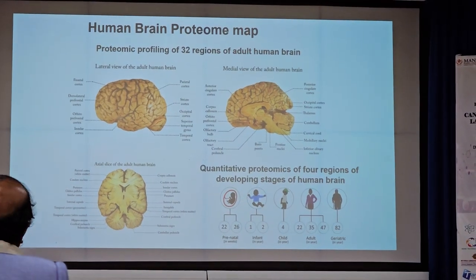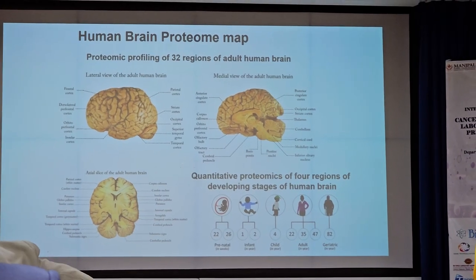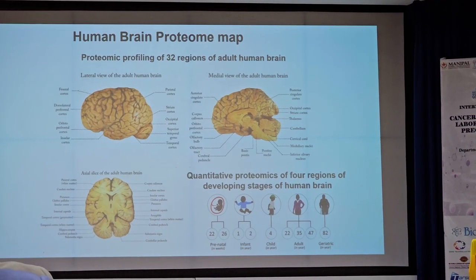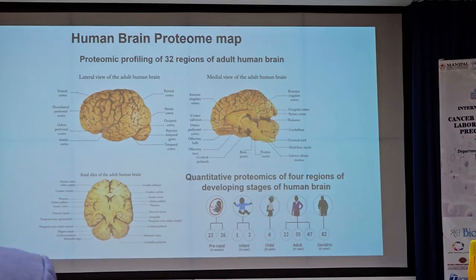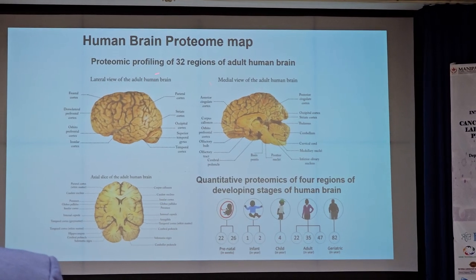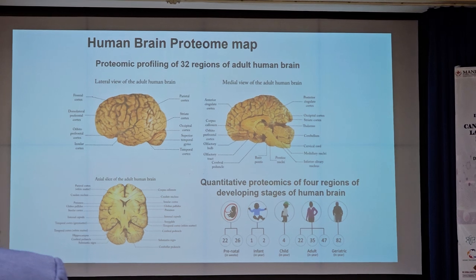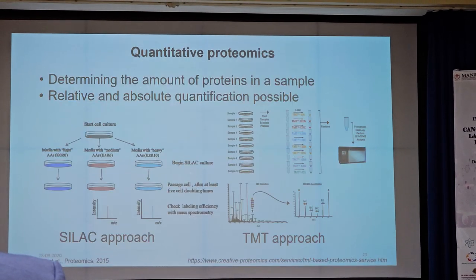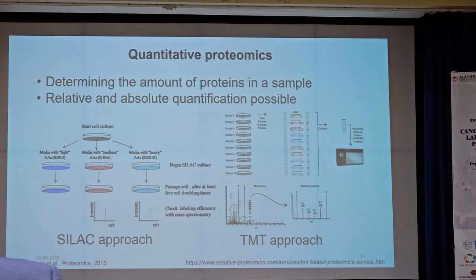Subsequently we also did the same exercise for the human brain, different parts of the human brain. All these are Indian brains, not Caucasian brains. So you have a first draft map of the human proteome ready now. We have to click the button to submit this manuscript now.